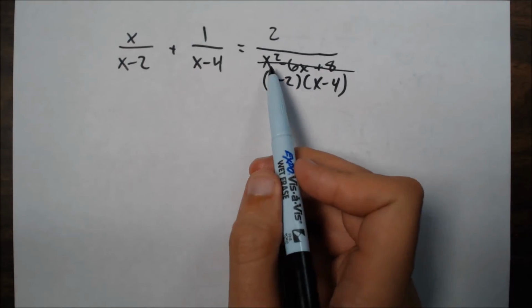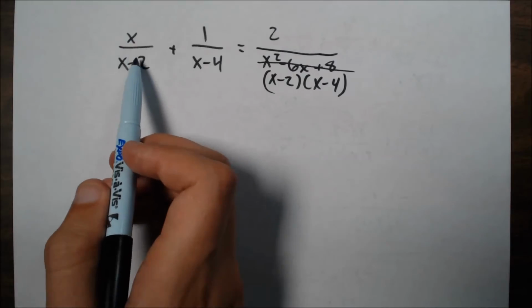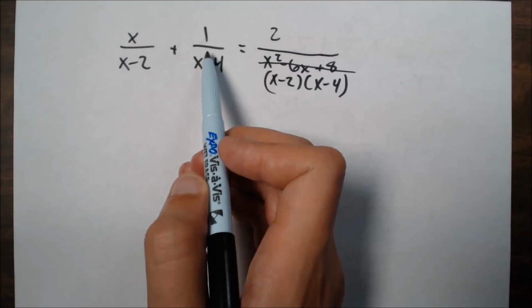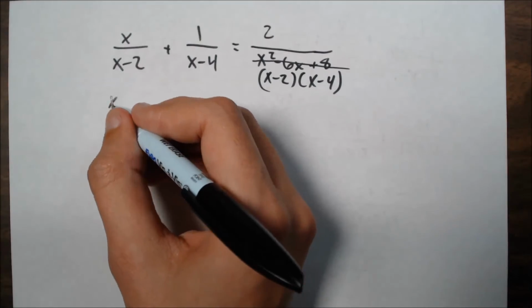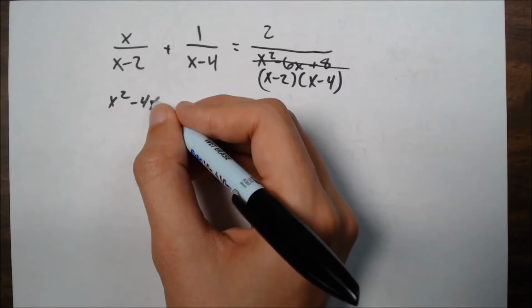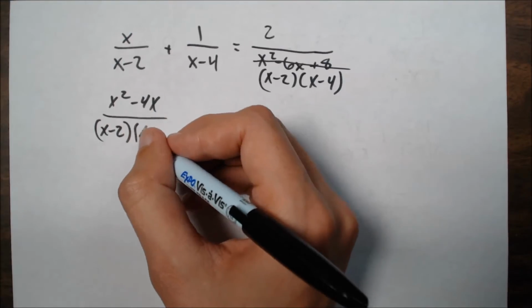Okay, so our common denominator is x minus 2 times x minus 4. So all I've got to do is multiply this by x minus 4 top and bottom, multiply this by x minus 2 top and bottom. So over here, when I multiply by x minus 4, I'm going to get x squared minus 4x over x minus 2 times x minus 4.